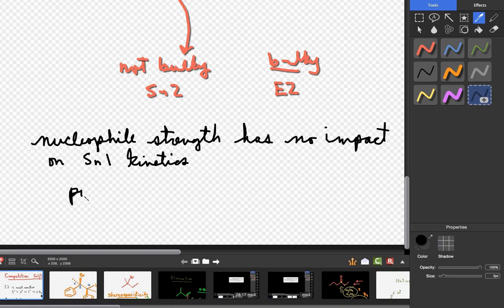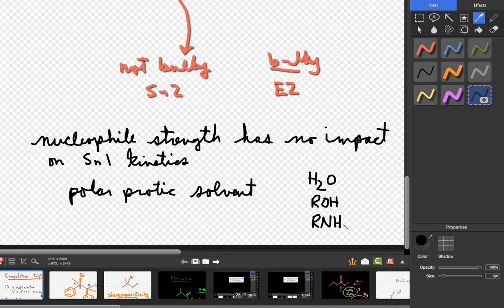So a polar protic solvent, and really all this means is that I have hydrogen bonded to a highly electronegative atom. So that means things like water or alcohols or amines. They will solvate both the cation and the anion of the nucleophile, which disfavors SN2, which in a roundabout sort of way favors SN1.